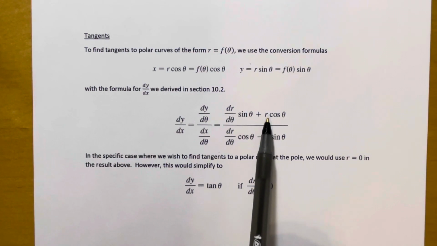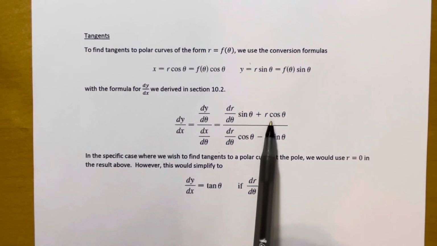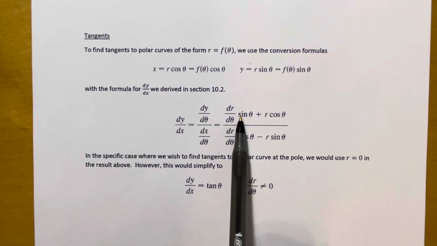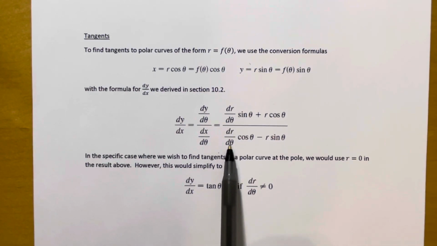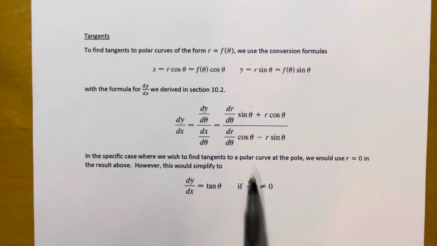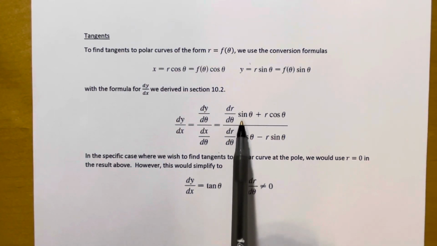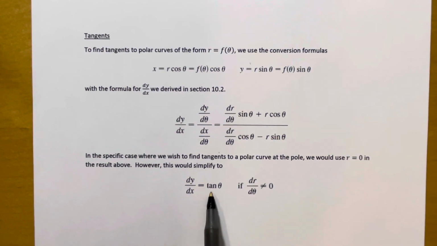So at the pole, these two terms would go away, r becomes 0, and I'm just left with dr/dθ sin θ over dr/dθ cos θ. As long as dr/dθ is not equal to 0, we can cancel those out, and I just have sin θ over cos θ, or tan θ. So in this particular case, we have a much simpler formula: the slope of a tangent line at the pole is just tan θ.